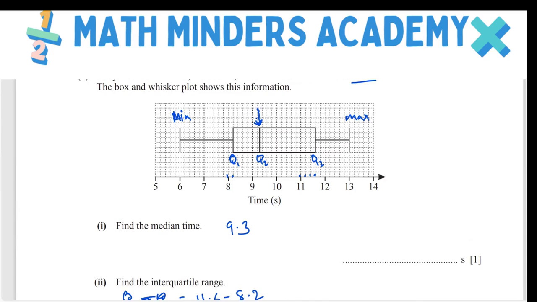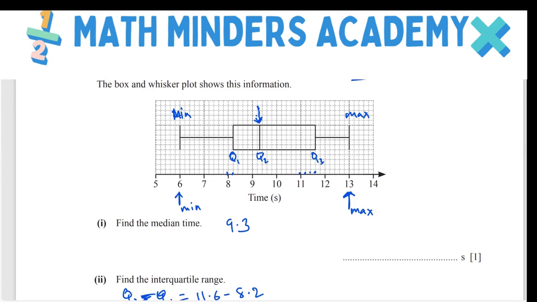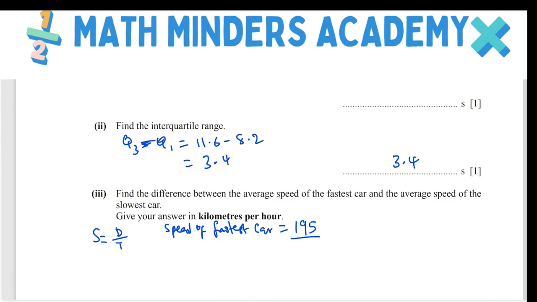Here, this is the maximum time, the greatest time. This is the minimum time in seconds. So the fastest car will be using this minimum time, which is 6 seconds.